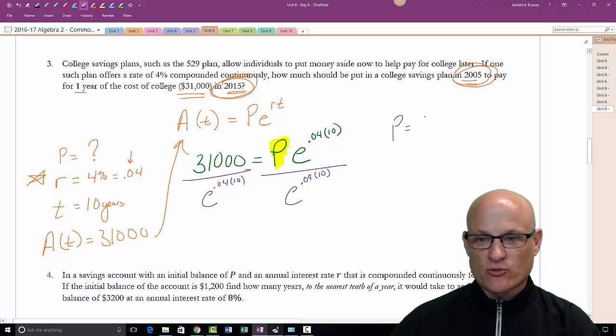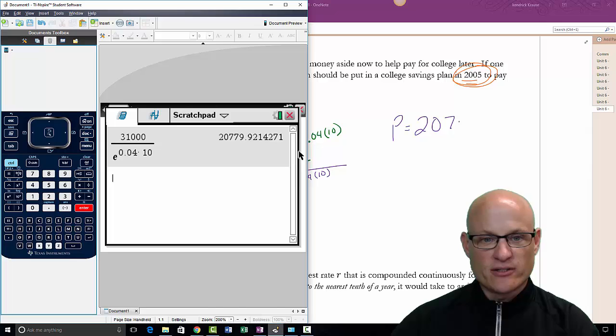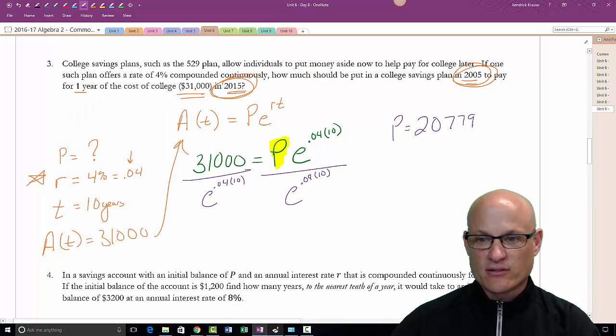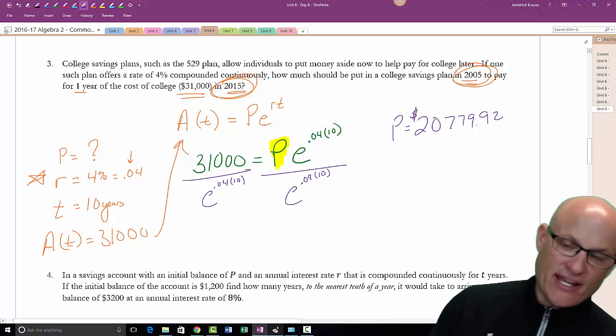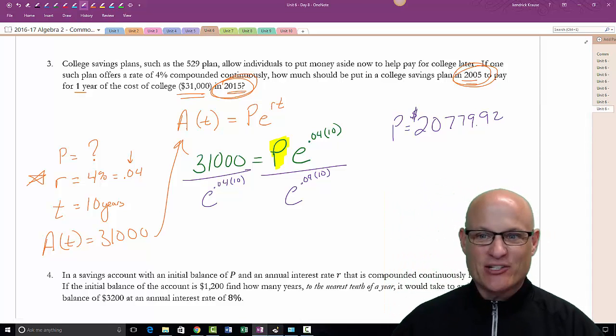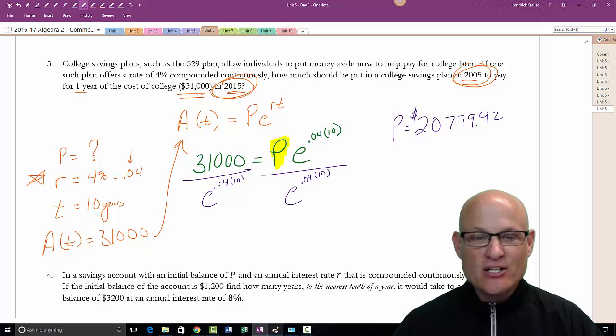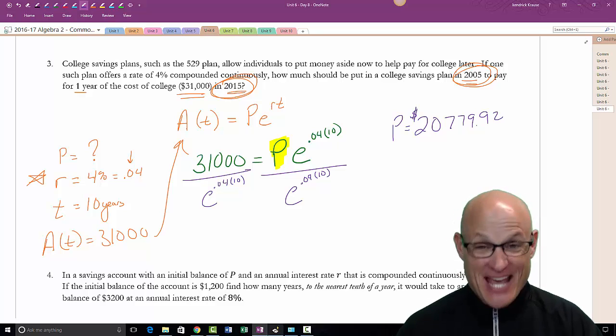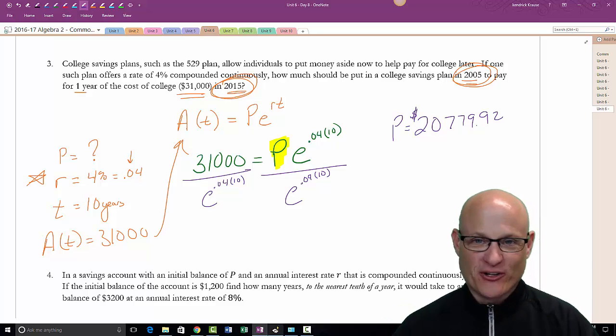So P equals $20,779.92. So if they ask that question, you'd say, hey, I have to invest $20,779.92 today so that in 10 years I can pay for my first year of college.